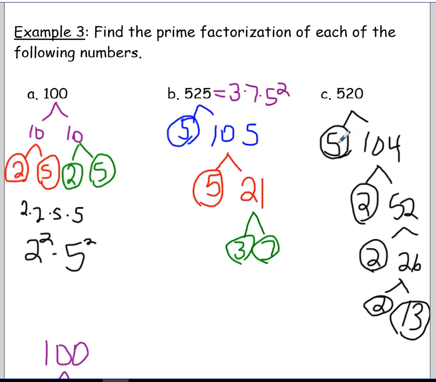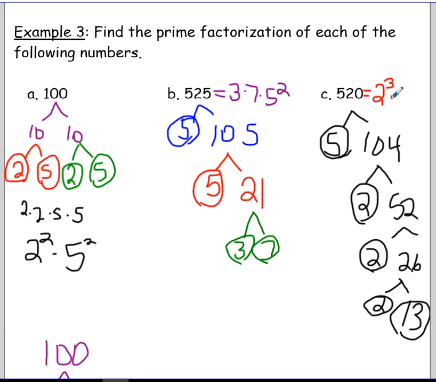And so notice here we have 5 times 2 times 2 times another 2 times 13. So if we write that using our exponent again to help us, and from smallest number to largest number, we have a 2 that's being used 3 times, so 2 to the 3rd power, which is also referred to as 2 cubed.